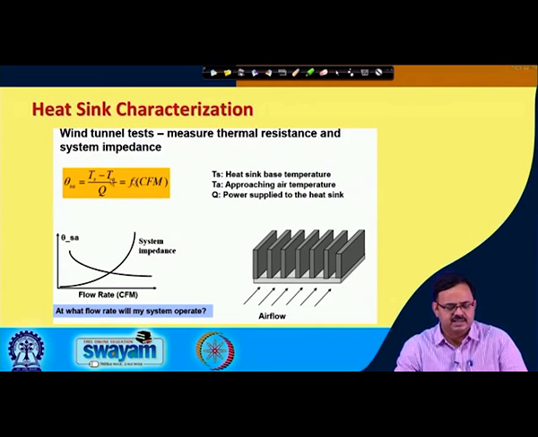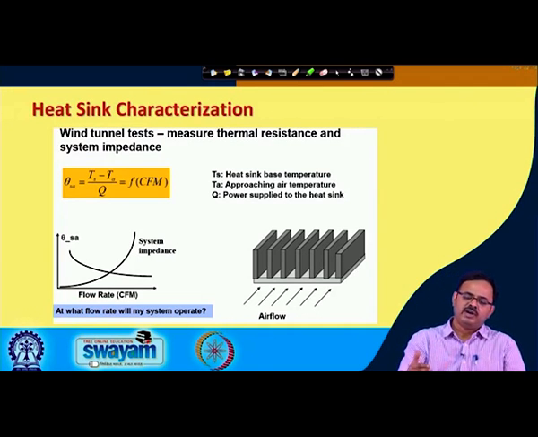So, theta SA is T of sink minus T of ambient divided by Q, which is the rate of heat dissipation in watts. Now, what is that going to be a function of? It is going to be a function of the flow rate. CFM is a loosely used term often used in the electronics industry. CFM stands for cubic feet per minute. Essentially it is the volume flow rate of air through this heat sink.